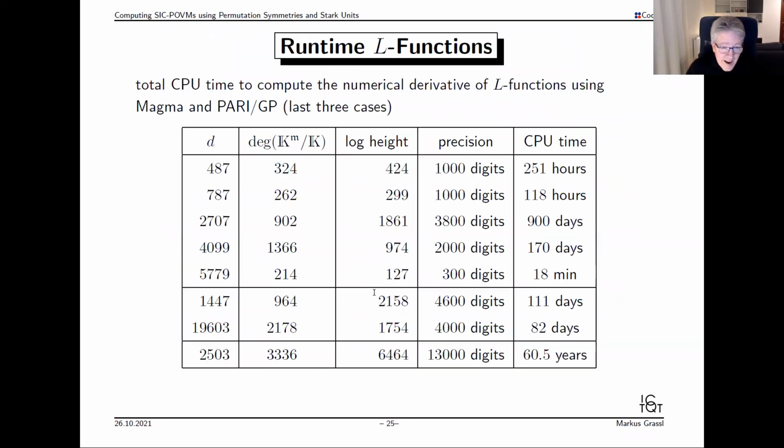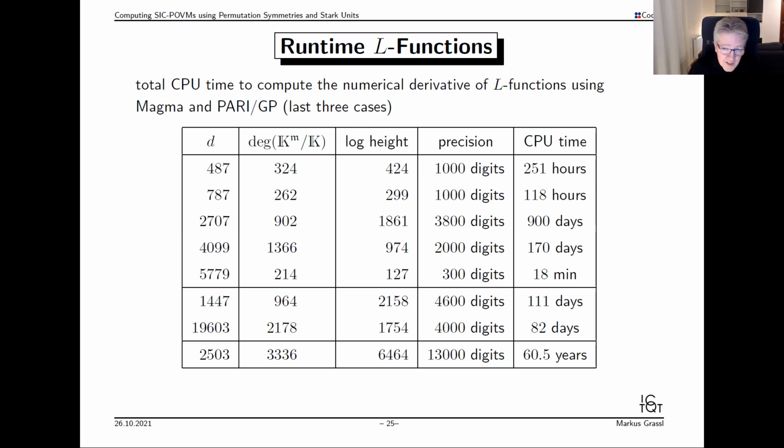There are functions in Magma and also in the computer algebra system Pari/GP from the group in Bordeaux that allow us to compute these L functions, and then eventually we get the Stark units from them. Now when you look here, we have the degree, the logarithmic height, that's the logarithmic height in base 10 of the minimal polynomial numerically. And our heuristic tells us the precision we need is about twice of this height.